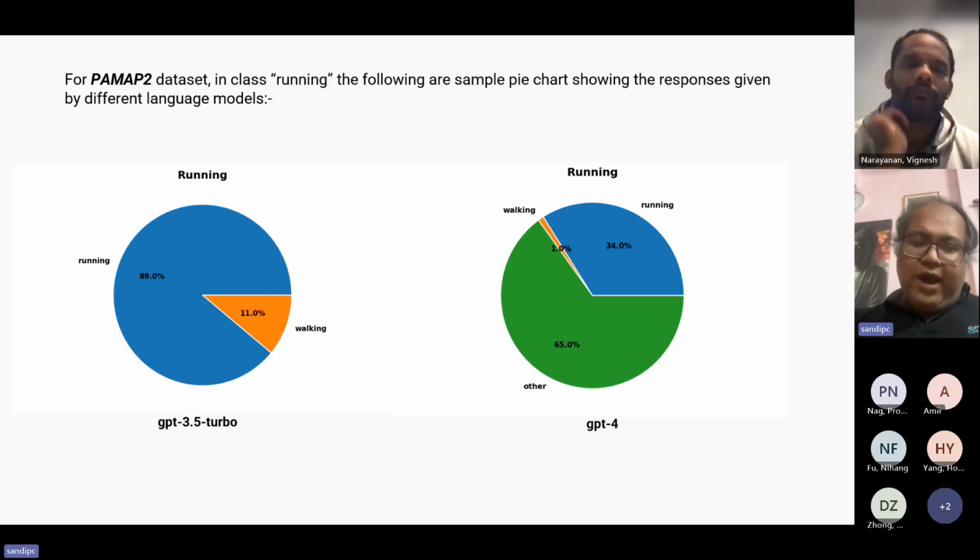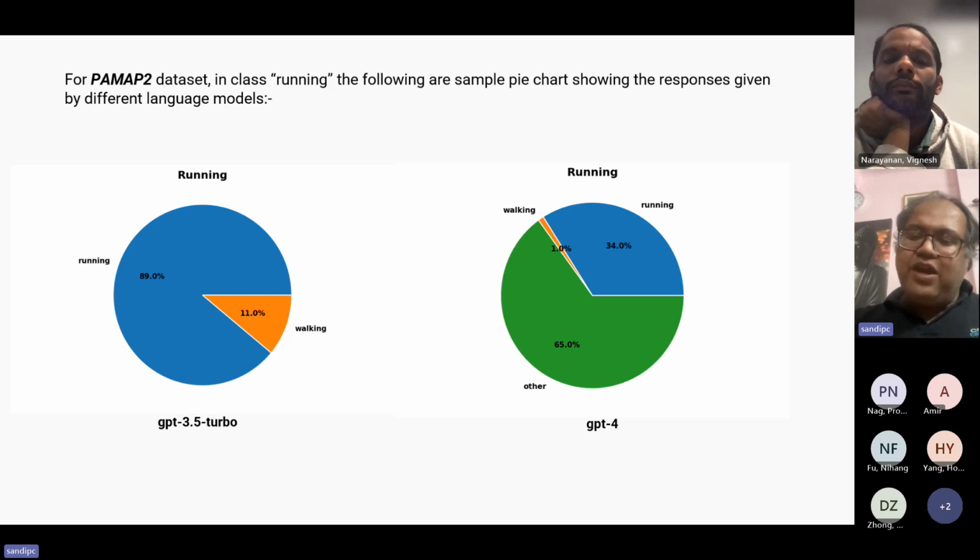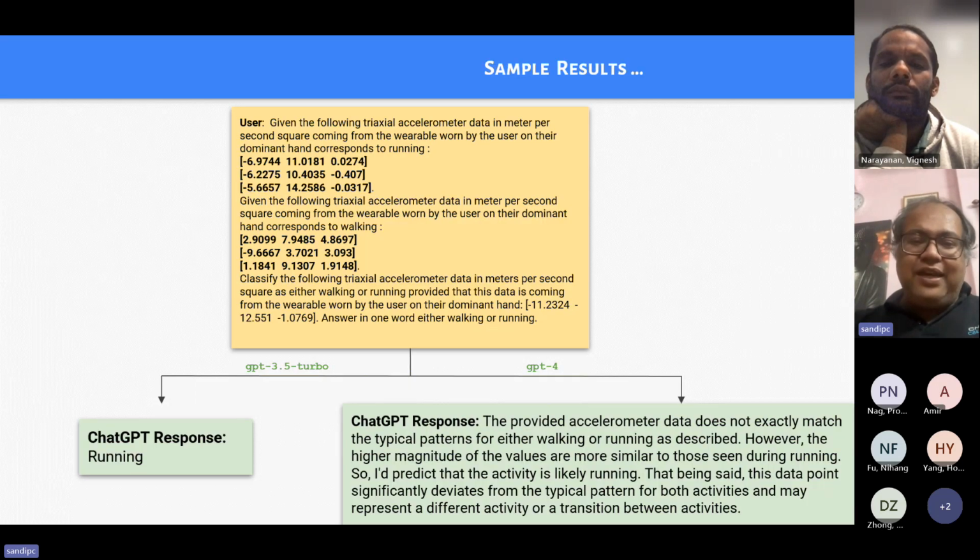In GPT-3.5, many times it said running, but there are instances when it was confused and said walking for the same instance. GPT-4 is much more confused because it sometimes says running, sometimes walking, and sometimes it gives a large kind of answer, something like this.